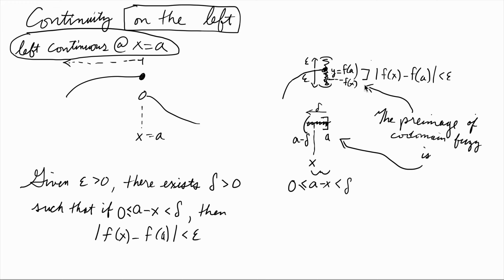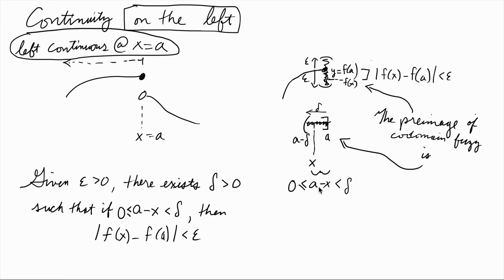We want that image to not be more than epsilon away from the center of that codomain fuzz, which is f of A. So the distance between f of x and f of A, we can write using absolute value, because it can be on either side, top and bottom.